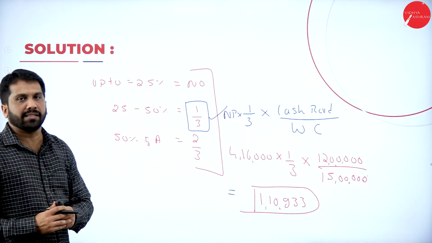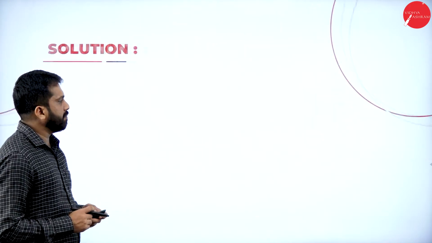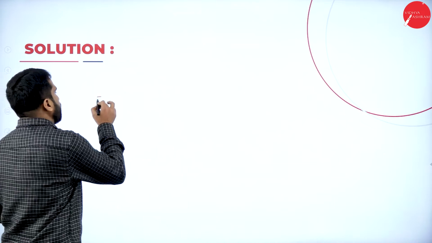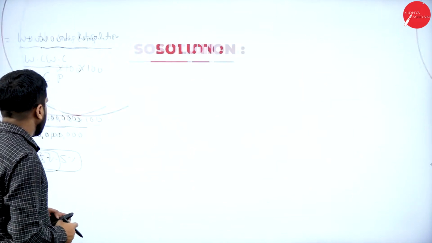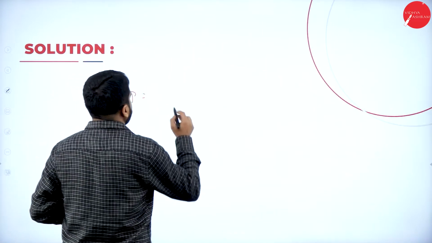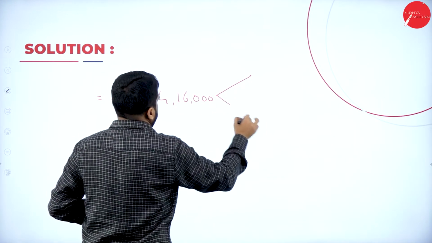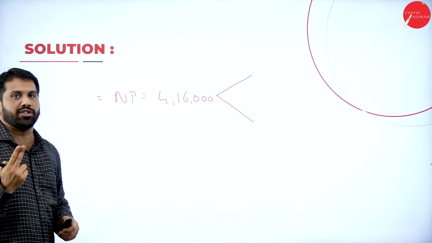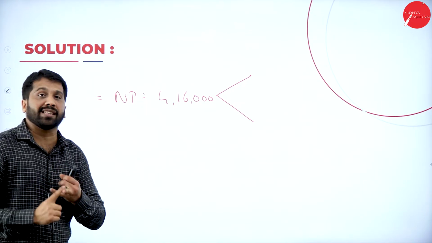This is your answer. Now, why did we do all this? Your notional profit is 4,16,000. In this, we have to do two bifurcations. One will go for P&L, one will go for general reserve.